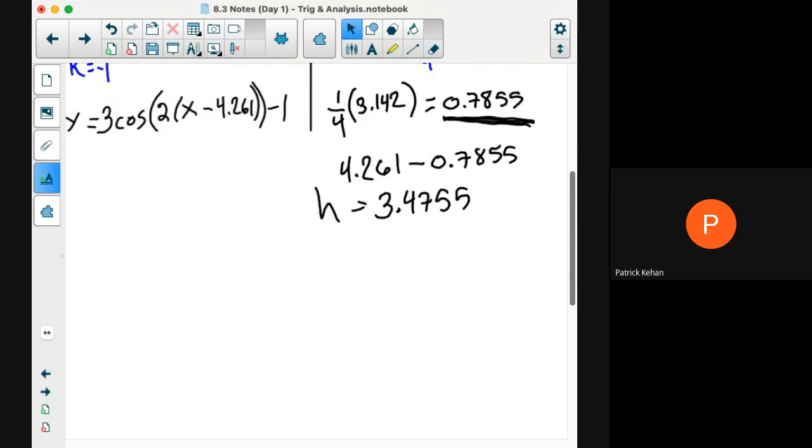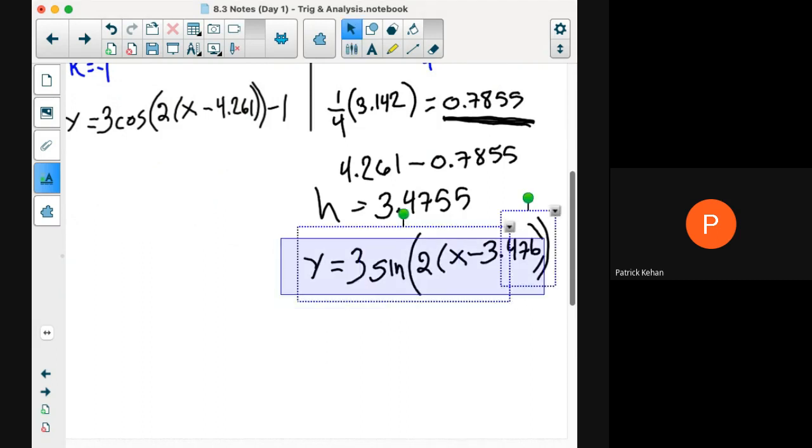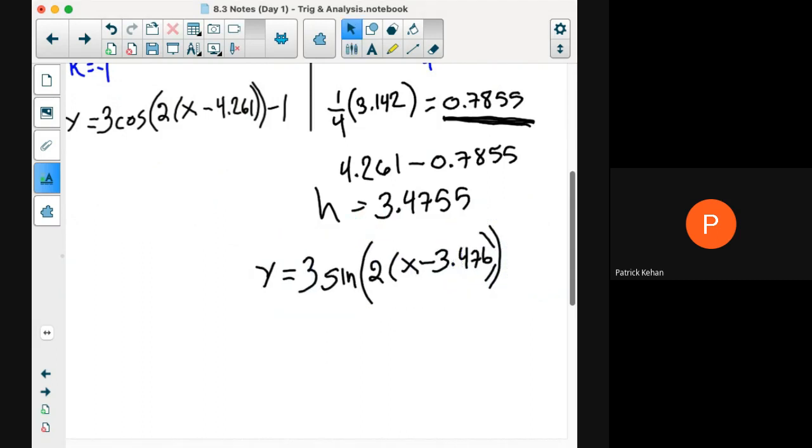So it's going to be y equals amplitude still 3, sine, angular frequency is still 2, open your group, x minus 3, let's round it to 3 decimal places since that's how everything was presented on the screen, so 3.476, another group, and then it would be plus k, and k is -1 at the moment, so we're going to write -1. And that's how we write the sine function.